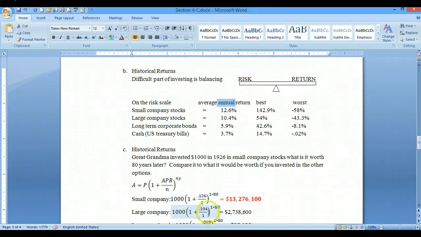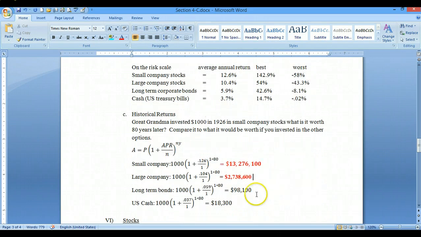Annual meaning 1 year, so 1 times 80. Plugging that into your calculator or Excel gives $2,738,600. I'm going to highlight that as the answer. So about $11 million less, but that's only if you get into a small company that ends up being profitable versus a large company, which is a lot less risky.